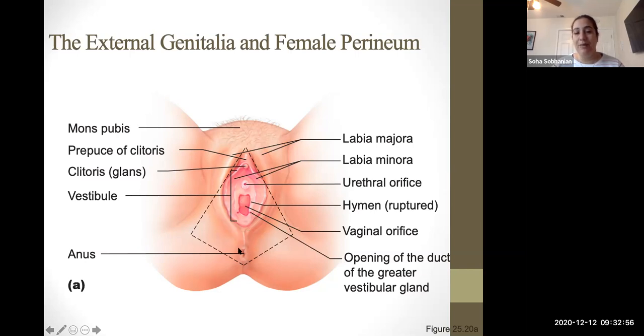And then you have the opening for the digestive system, the anus. The triangular structure that you see is called, oh my God, my brain stopped working. Perineum, there you go. The triangle that you see here is the perineum, basically showing all the orifices for the female reproductive system.